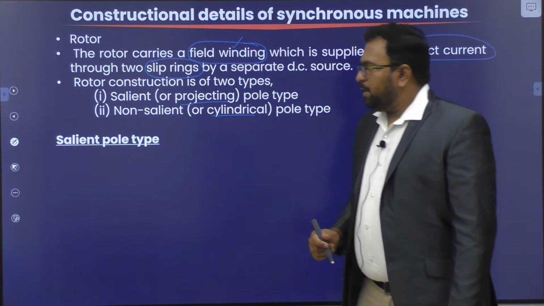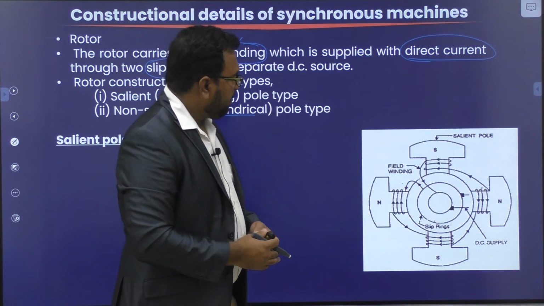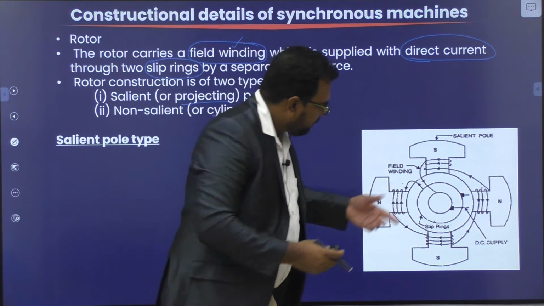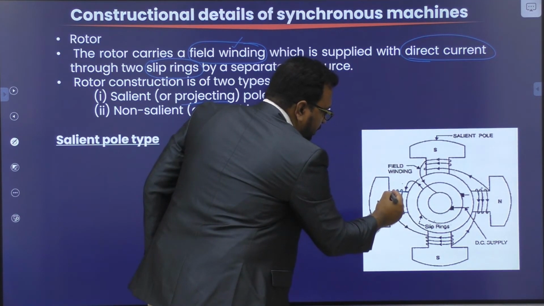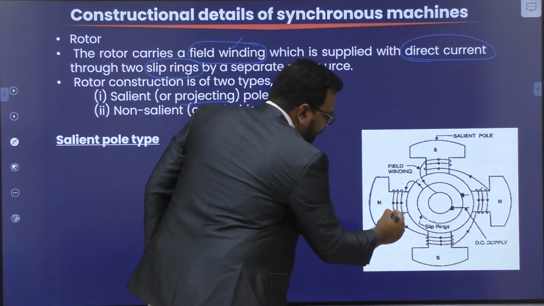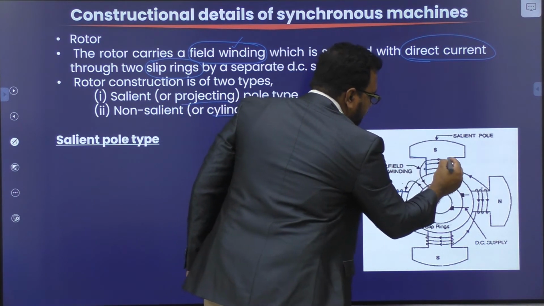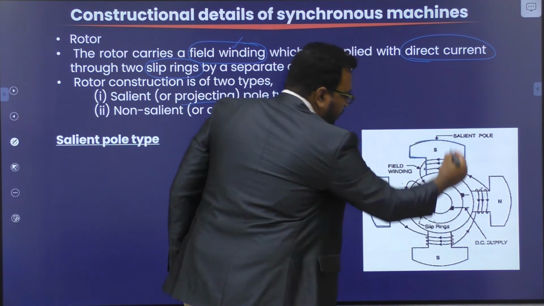So coming to the salient pole type, this is the constructional diagram of a salient pole type. If you see here, the poles are projected like this. For example, I have considered 4 poles. The poles are projected from the rotor.